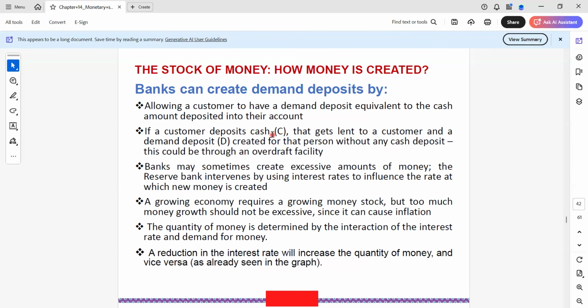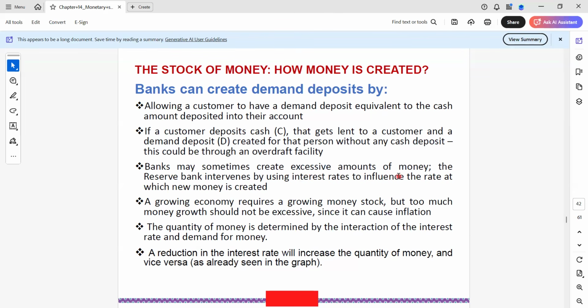The monetary policy. In the monetary policy, there are instruments that they use, such as the repo rate, open market transactions, and the cash reserve requirement, right? So here they're saying that if there's an excessive amount of money in the economy, the South African Reserve Bank can use the interest rate, right?